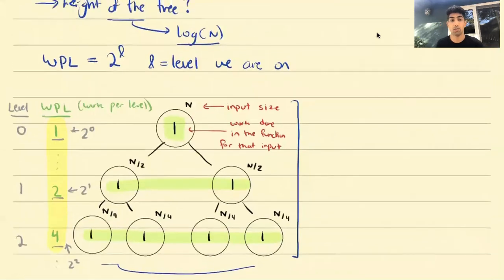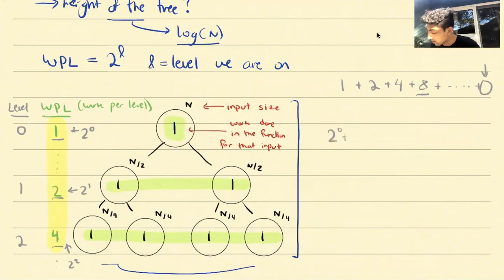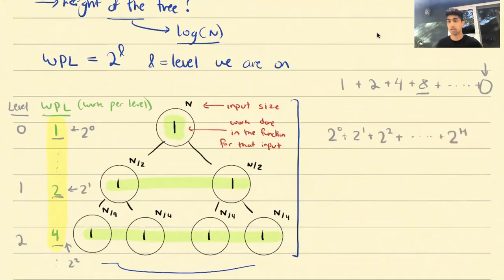Now what we can do, which is really cool, is that the sum before that we had was 1 plus 2 plus 4 plus 8. I just assumed 8 was the next one, plus so on, right? Where this is like the last term that we want. Now what I'm going to say is that we can say this is 2 to the 0, plus 2 to the first, plus 2 to the second, plus, this is the important term, 2 to the h, okay?